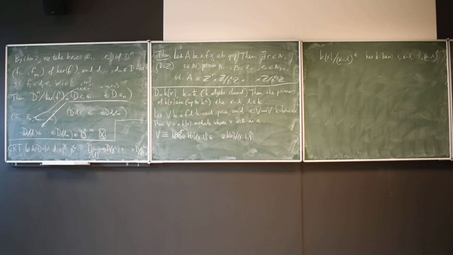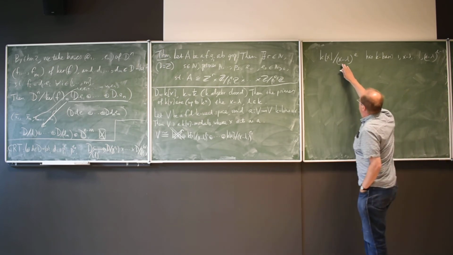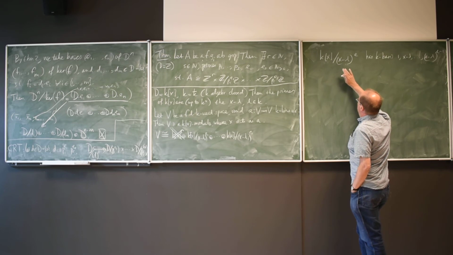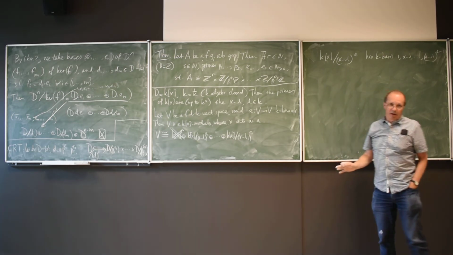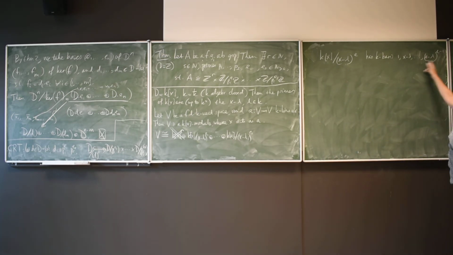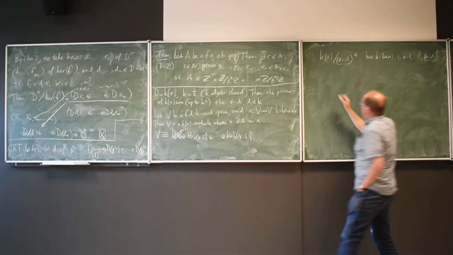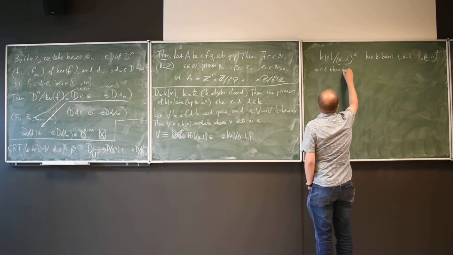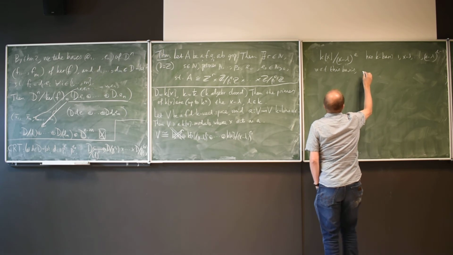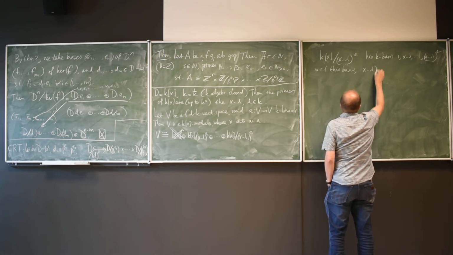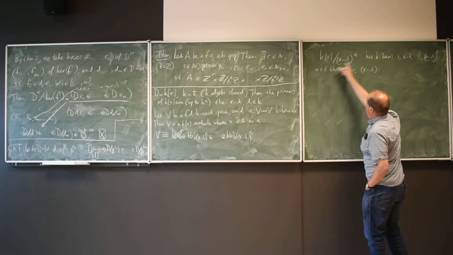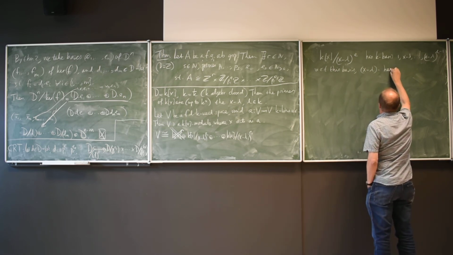This is a K basis because division with remainder by this polynomial shows that every element here has a unique representative that has degree less than E. And that means it is a linear combination of these things. Right? So that is a basis. And with respect to this basis, the multiplication by x minus lambda has the following matrix.